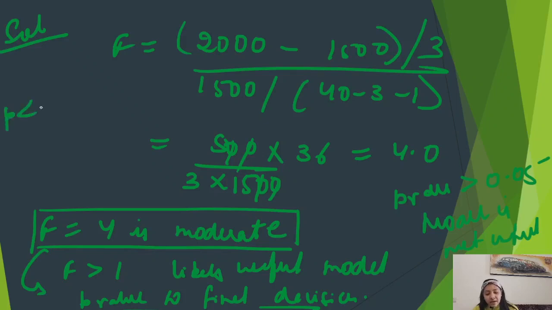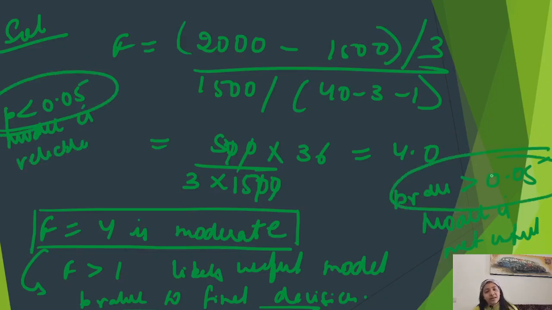But if the p-value is less than 0.05, then it indicates that my model is useful and at least one of the predictors is useful in my model. The model is reliable if the p-value is less than 0.05 and not at all reliable if it is greater than 0.05. Since in this question the p-value is not given, we can leave it here, saying that my F value is greater than 1, so we can tell that it is a useful model.